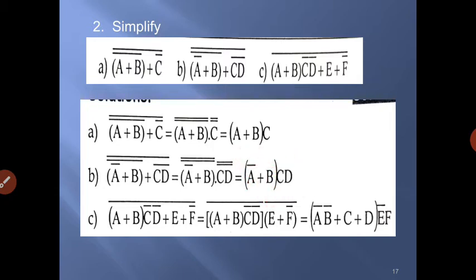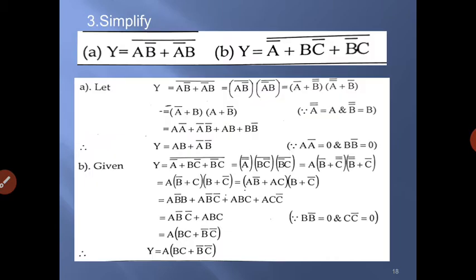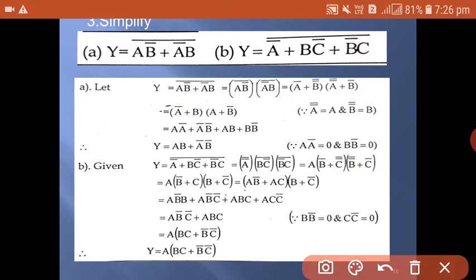In the next, we will see the next one: y is equal to simplifying the Boolean expression with the help of again De Morgan laws, (a b bar plus a bar b) whole bar. So first, for minimizing the expression (a b bar plus a bar b) whole bar, it is of the form (a plus b) whole bar, which is nothing but a bar into b bar.